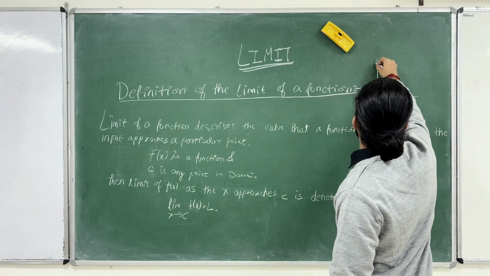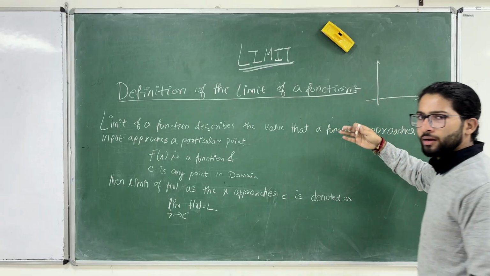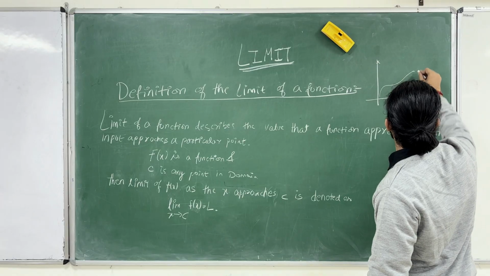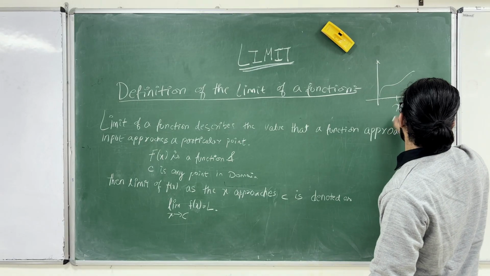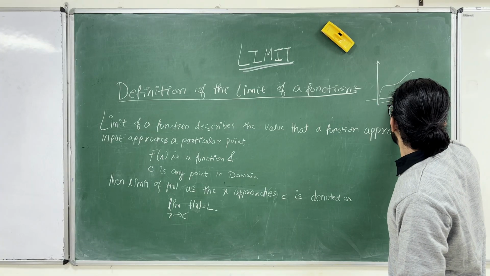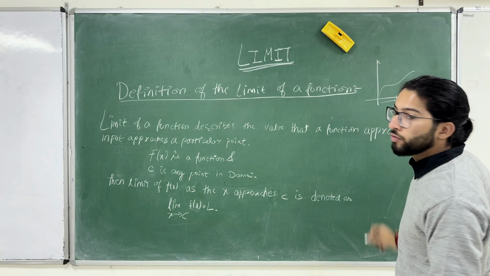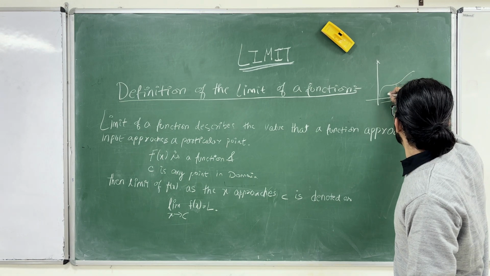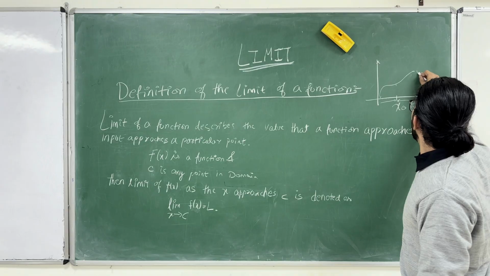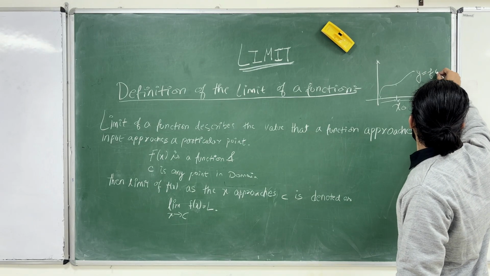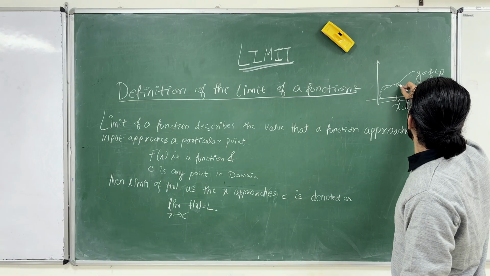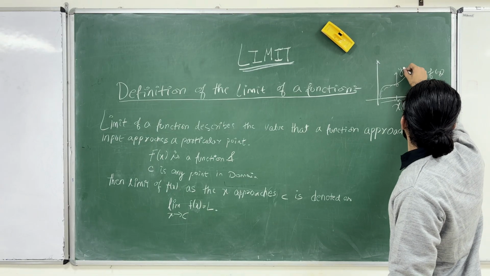Again I am taking the same example, or we can define it from the graph. Suppose it's a function and we have to find it at x naught. So whenever a value from the domain is going towards x naught, we have to find where the graph is going. Suppose at that point our function y is equal to f(x) is going towards, let us say, y naught.